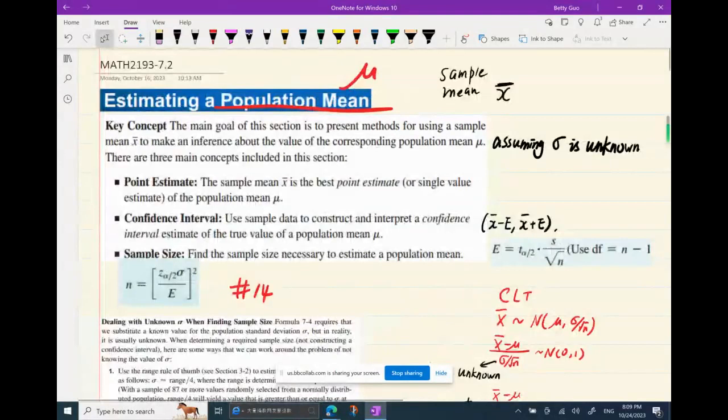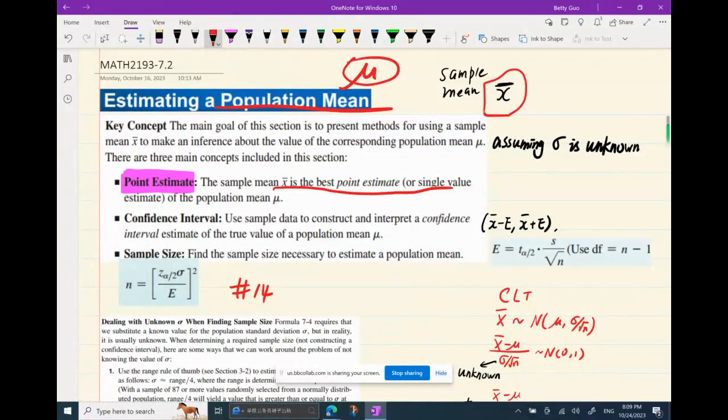So the first thing is how do we do the point estimate? Only one thing we need to know about this part. Sample mean x bar is the best point estimate of population mean mu.